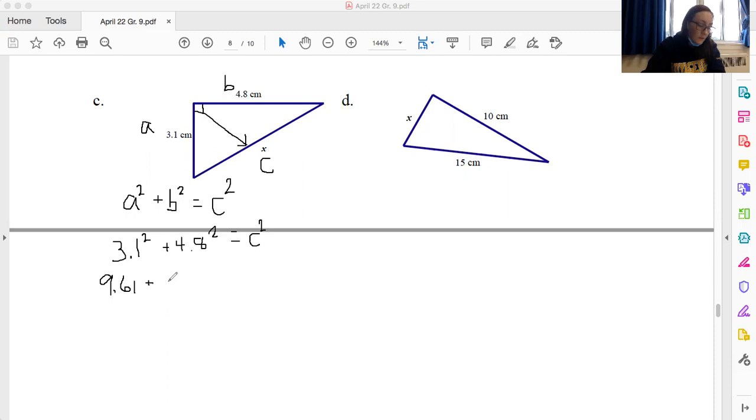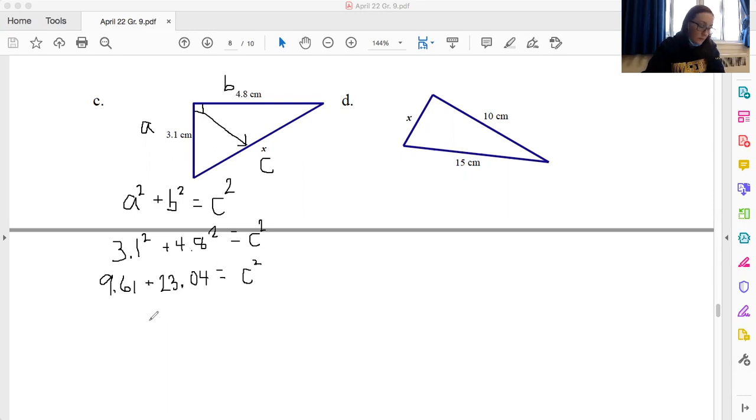And 4.8 squared is equal to 23.04. Okay, and that's equal to c squared.